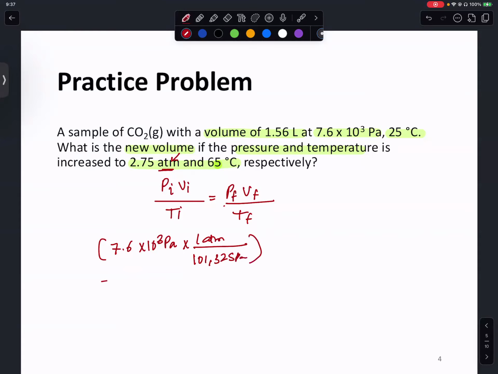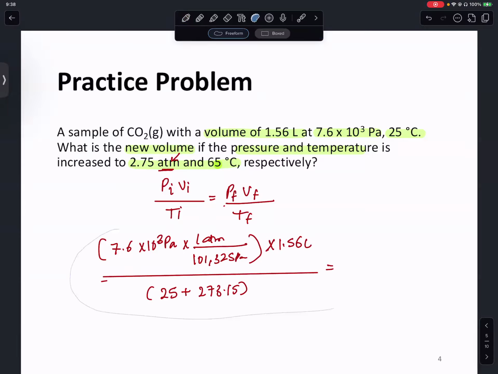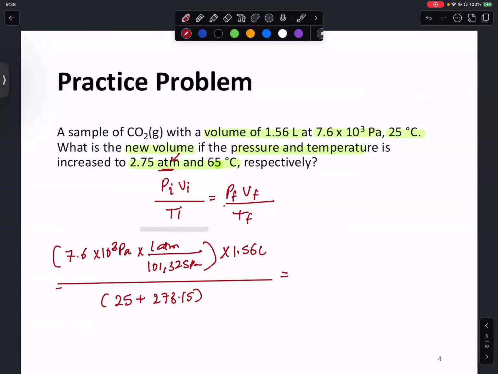Then times the volume, which is 1.56 liters, divided by the initial temperature, which is 25 plus 273.15, and will be equal to the final pressure, which is 2.75, times the volume, which I want to find, divided by 65 plus 273.15.